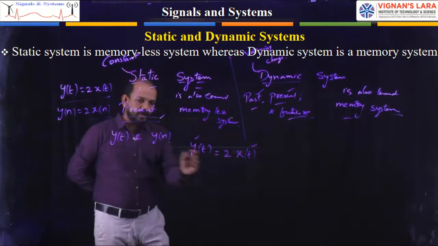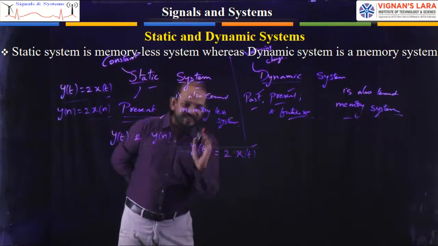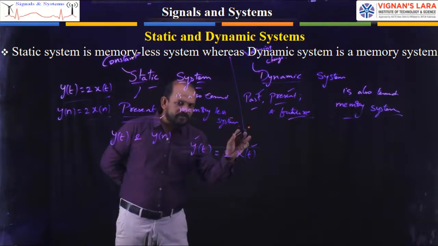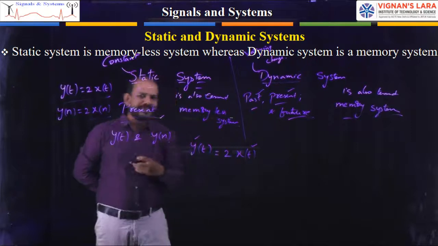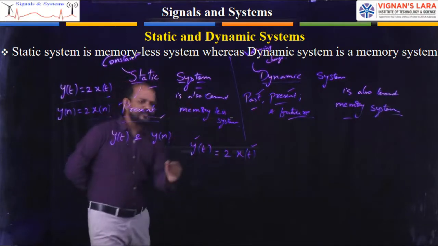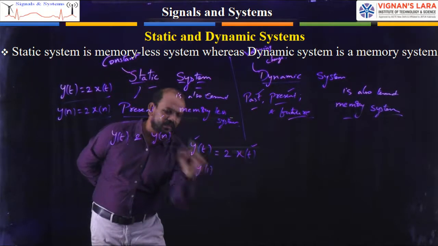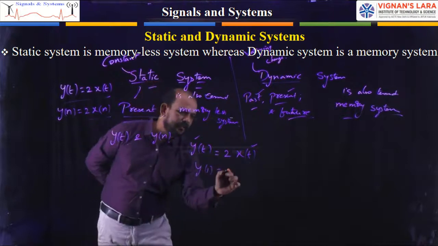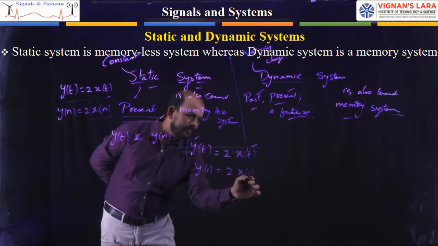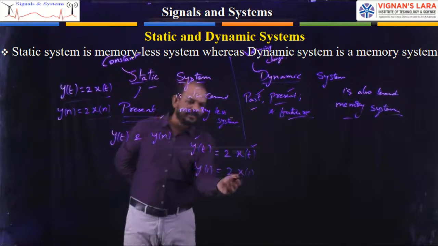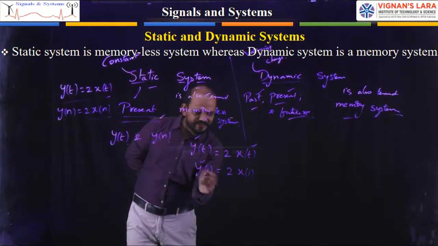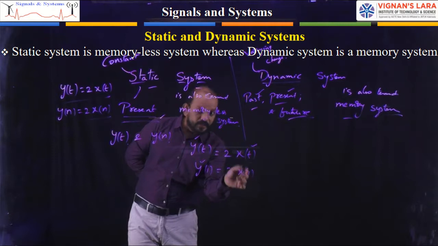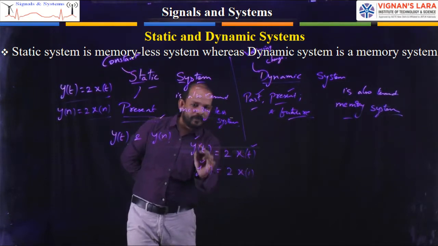Now, the output depends only on the present value. That is, if I need the output at t equal to 1 second, then it is 2 into x of 1, because the output at the first second is dependent on the input at the first second only, because the equation is like that.